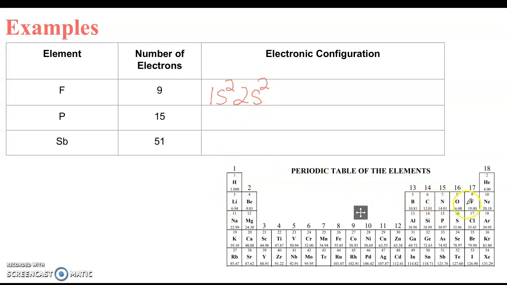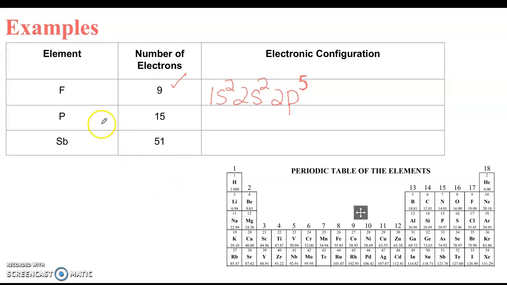I now enter the 2p block, so I'm still in energy level number 2. I'm now in the p block, and I have 1, 2, 3, 4, 5 electrons. Now I'm going to check my work really quick. I have 5, 6, 7, 8, 9 electrons in total.